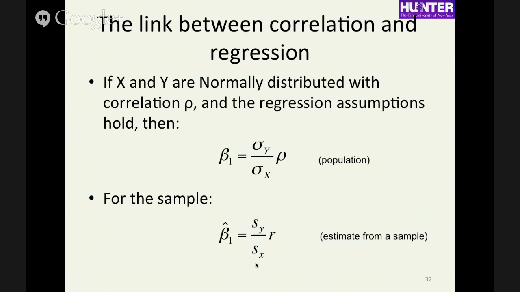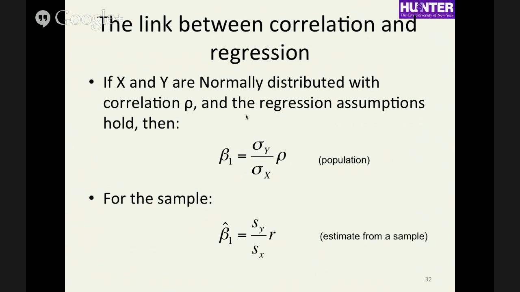So this is kind of neat. As long as those assumptions are met, then your slope and your correlation coefficient are related to each other, and they're equal just with a difference of this factor of the standard deviations of y and x.